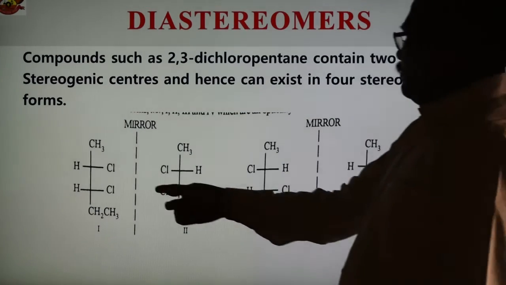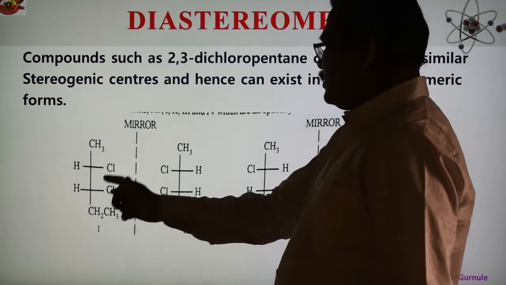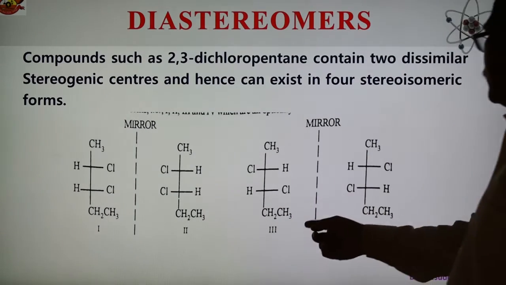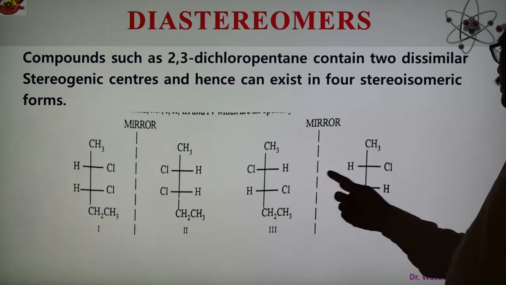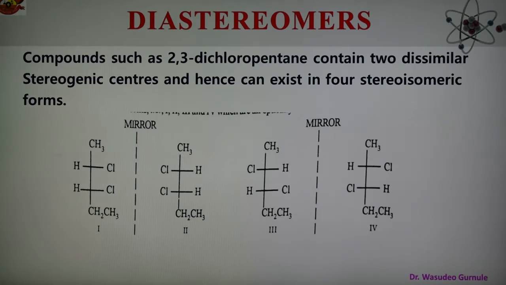Structure 2 is the mirror image of 1. In structure 3 the positions have been changed, and isomer number 4 is the mirror image of the third. So 1, 2, 3, 4 are the different structures, or we can say 4 stereoisomeric forms are shown.